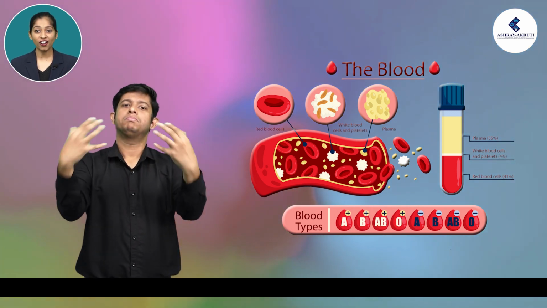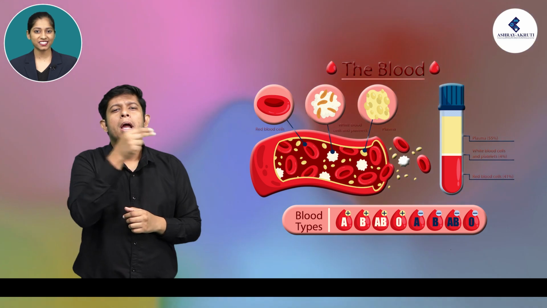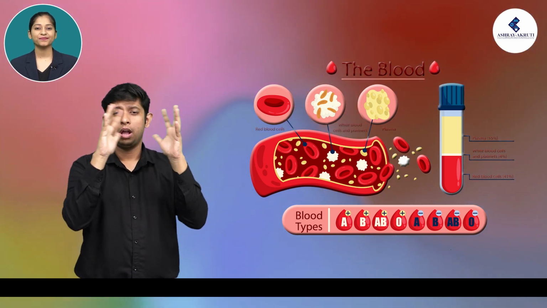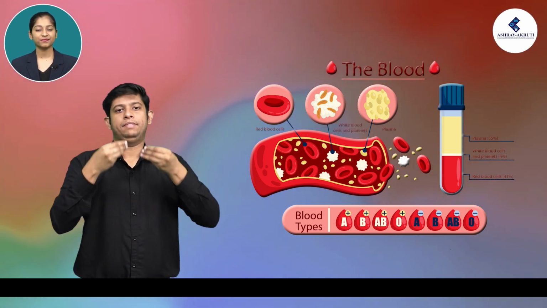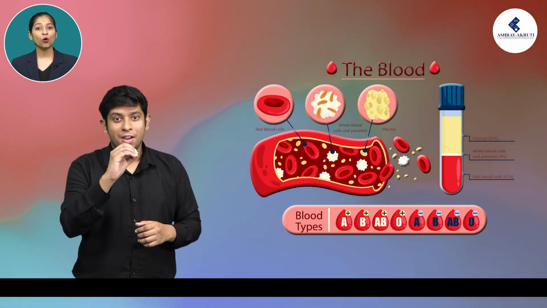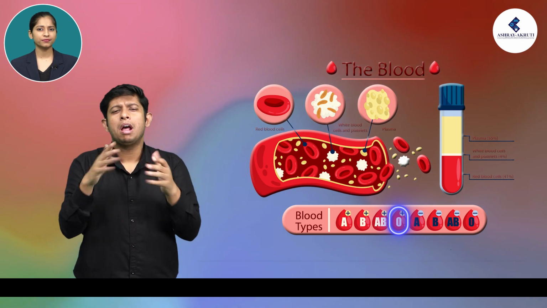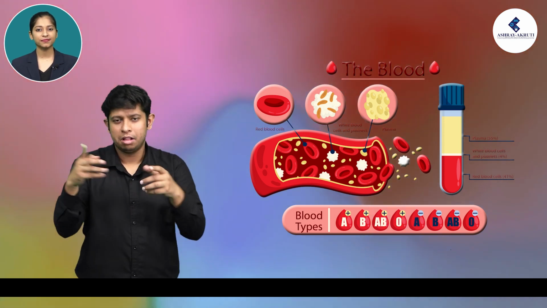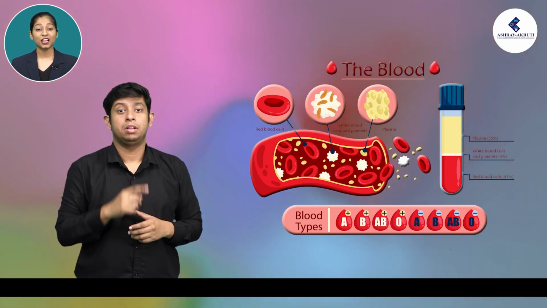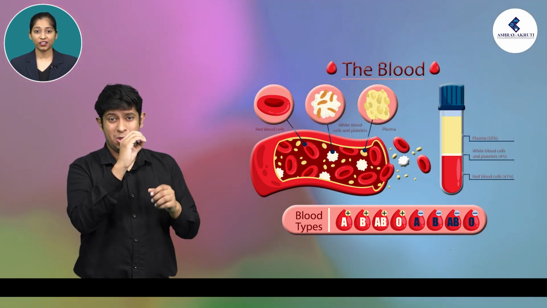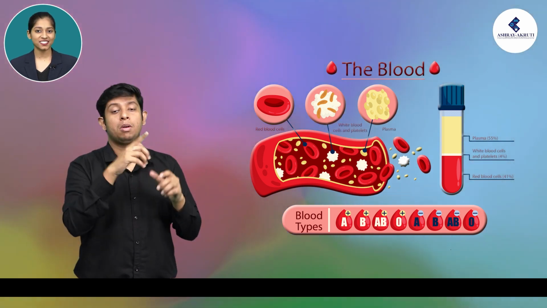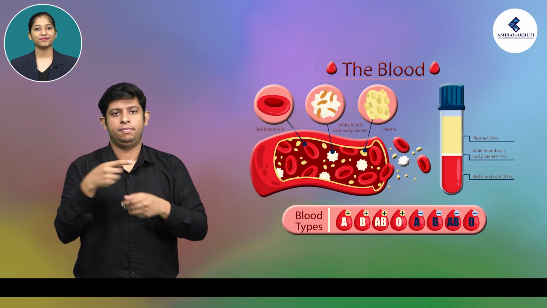Hence, they are called universal recipients. O group people can donate blood to any other group. So, these people are known as universal donors. Look here, blood donor or recipients.